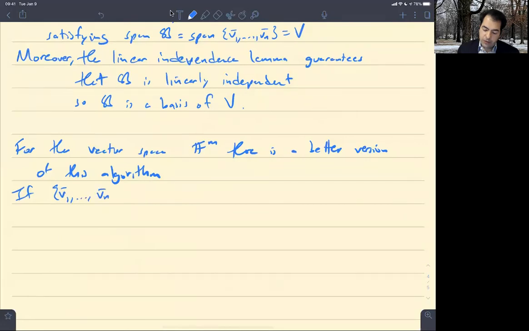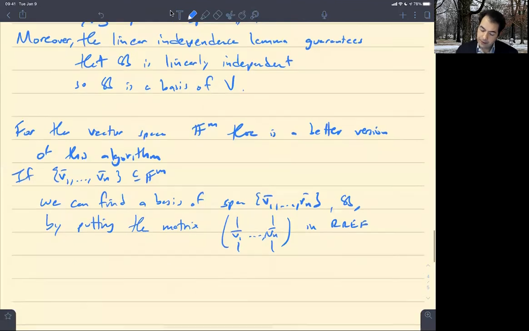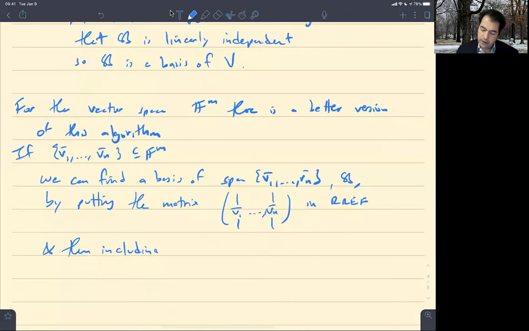If you give me a set v1 through vn inside Fm, we can find a basis of the span of these vectors, still calling it B, by putting the matrix v1 through vn into reduced row echelon form, and then including vi in B if and only if the ith column has a pivot.